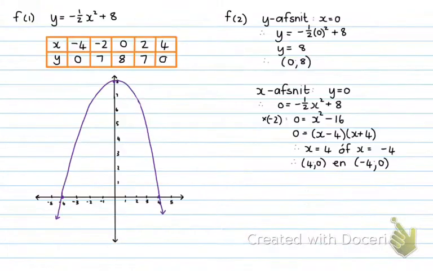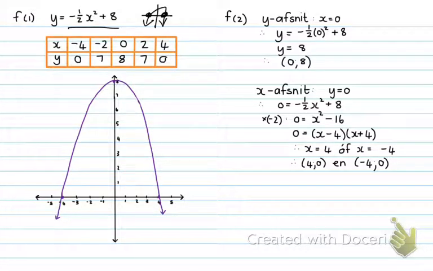Okay, then number F. For number F, I first did a table to help me draw it. If I look at the equation, I can start imagining it's going to be a sad graph that moved up, so it's going to look something like that. So I'm going to have x-intercepts.